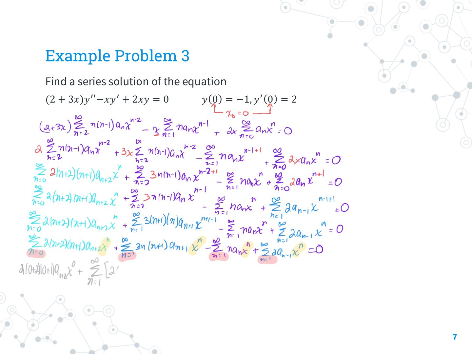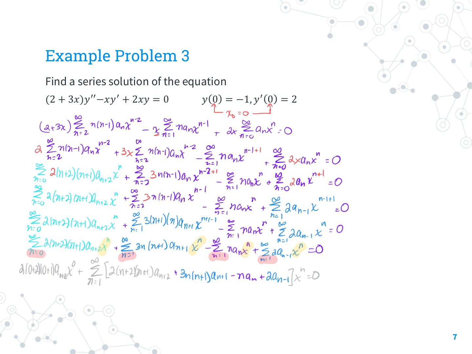We have 2(n+2)(n+1) a sub n+2, plus our 3n(n+1) a sub n+1, minus our n a sub n, and plus our 2 a sub n-1, all times x to the n equaling 0.